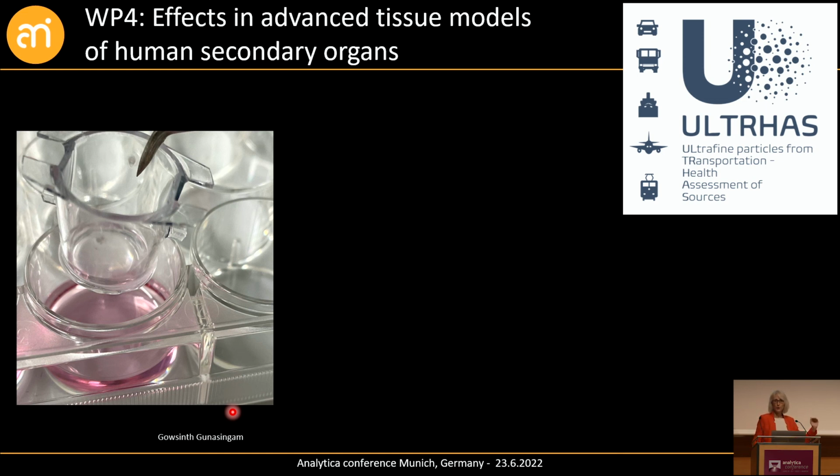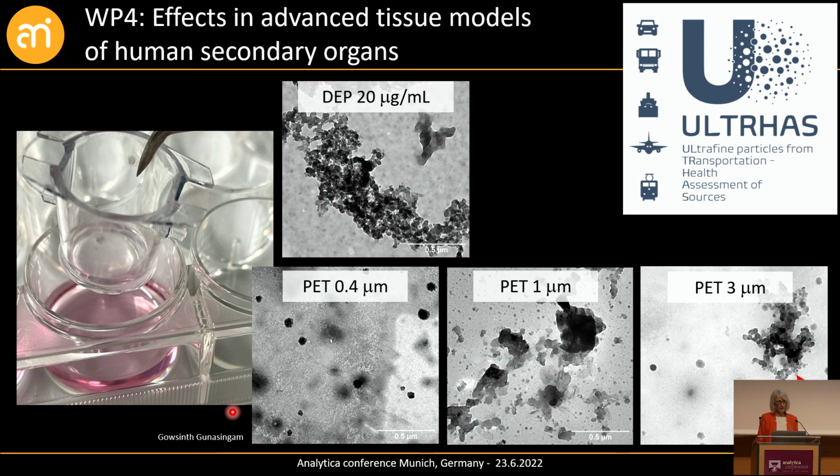So if we can observe if particles can translocate about the lung tissue barrier, and maybe also mediators that are released into the supernatant, and if we then expose this conditioned supernatant to secondary tissue models like liver, intestine, or neuronal stem cells, if we can also use this system to look into effects in organs beyond the lung. And just to show you a first result from my PhD, Gao, who is also here in the audience.